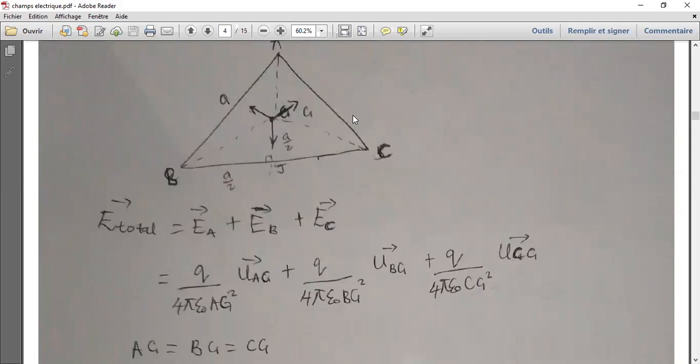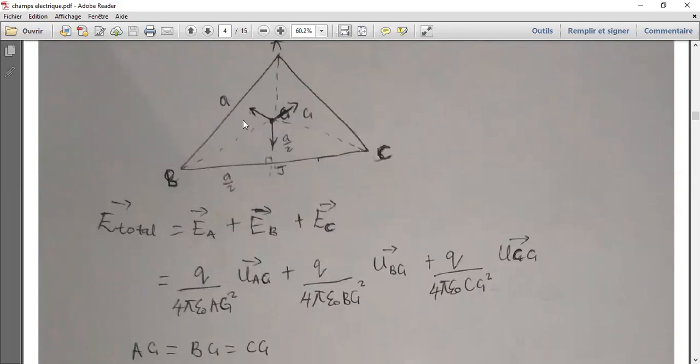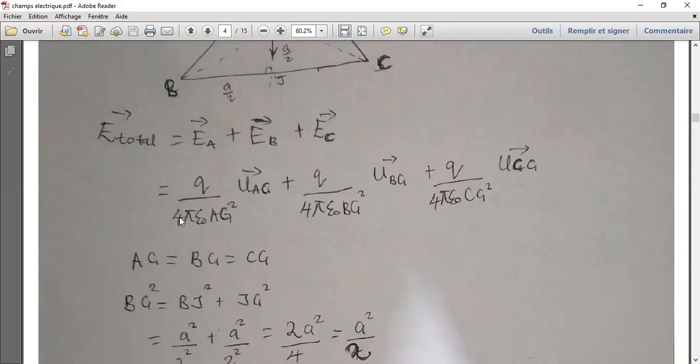You should know that if the sides are equal, and you see that the point G is at the center of this triangle, then the distances AG, BG, CG are all equal. The distance AG is equal to the distance BG is equal to the distance CG.